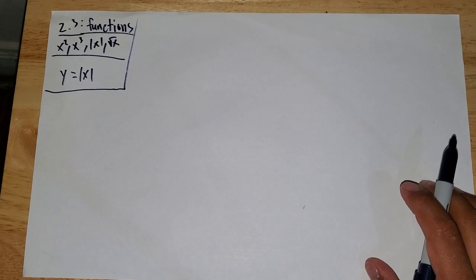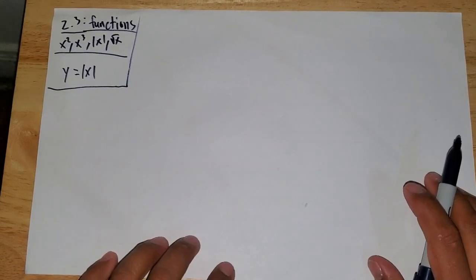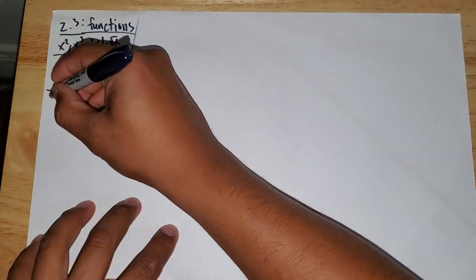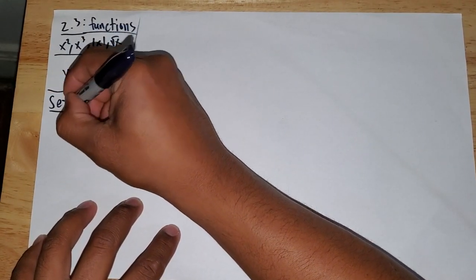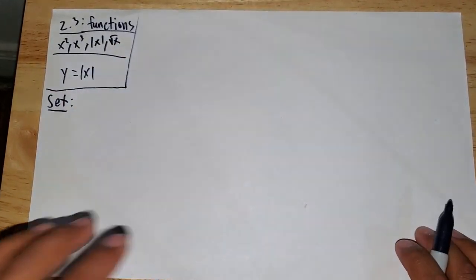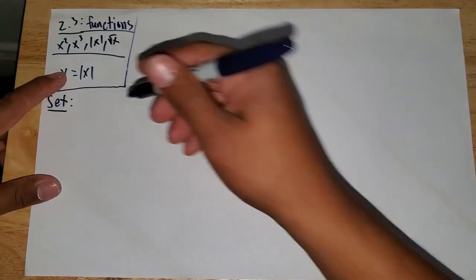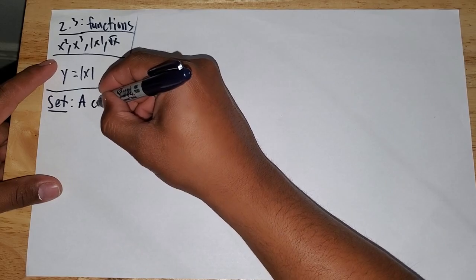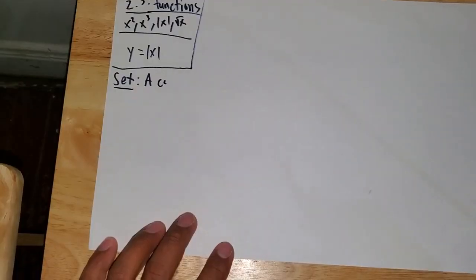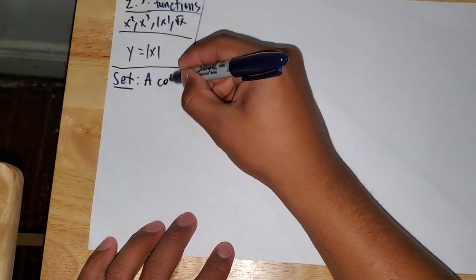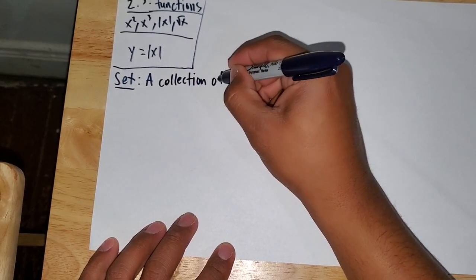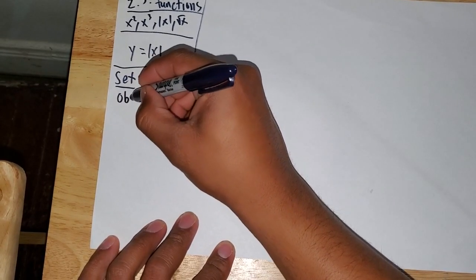But before we get into the idea of what a function is, we have to go through some other terms. One of those first terms is defining what a set is. And all a set is, is a collection of objects.